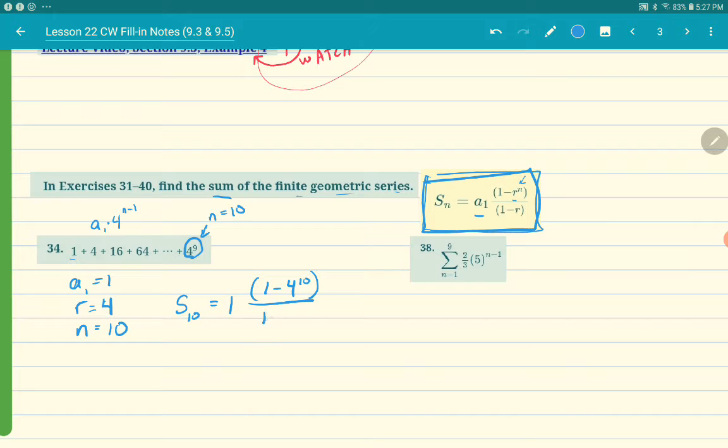All over 1 minus 4, or negative 3. That gives me that 1 in front, so I can just not write that and do 1 minus 4 to the 10th, over 1 minus 4, which is negative 3. I'm going to put that into the calculator, and I get 349,525.